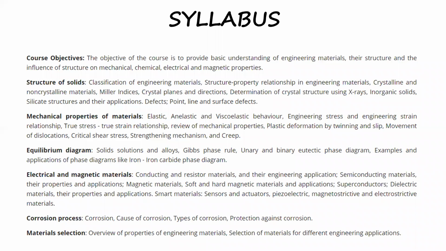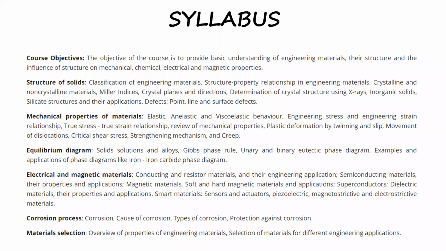Now, what kind of structure will we refer to here? In your primary school days, you have learned a couple of structures of the material. For example, you are aware of crystal structure. So we are going to study crystal structure of the solid in a more detailed manner, how one can define them, how one can actually experimentally measure the crystal structure, and analyze the internal structure of the material to predict its properties.